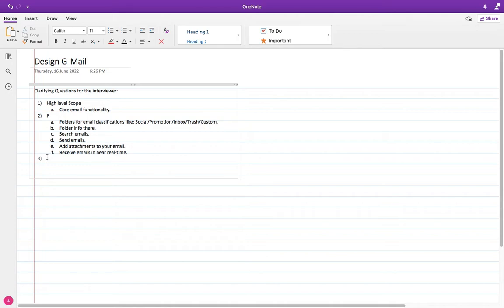But this question actually concretely defines our functional requirements for this problem, right? Now let's move ahead. Once our high level scope is clear, once our functional requirements are clear, let's discuss a little bit further. The next thing that I ask the interviewer about is the scale requirements.